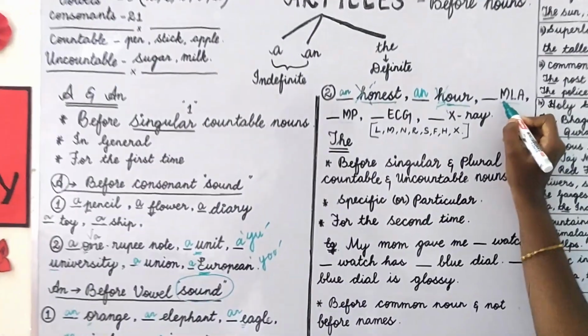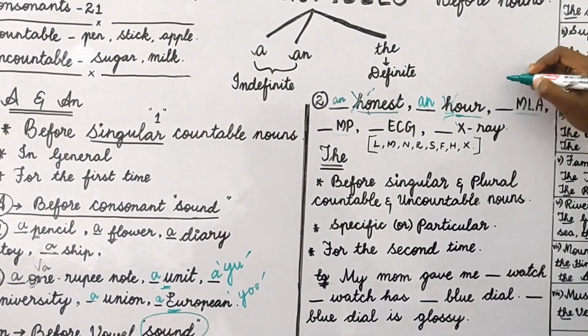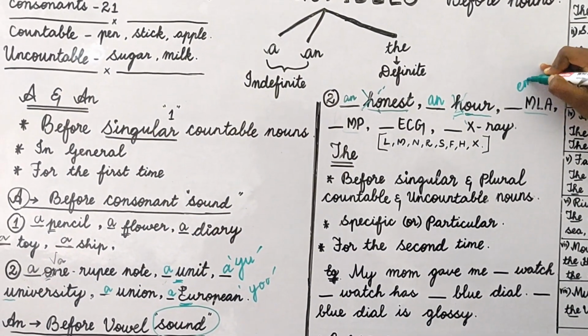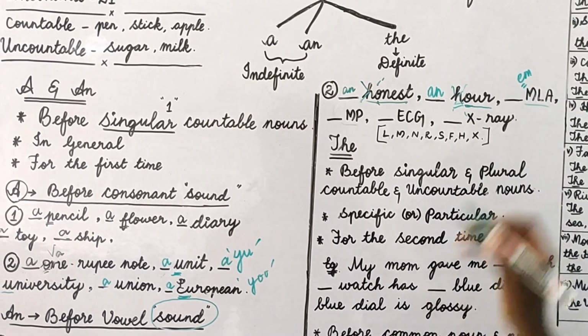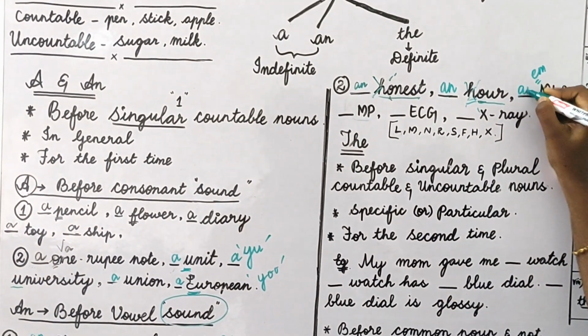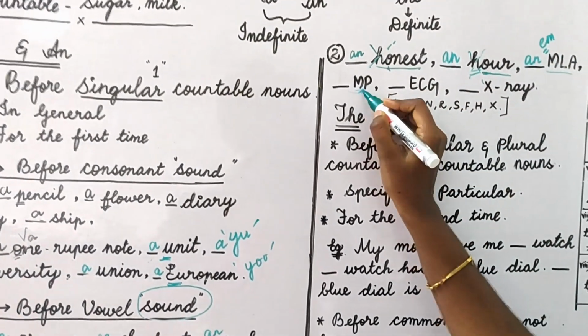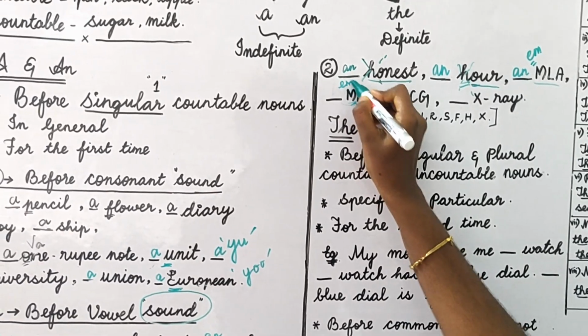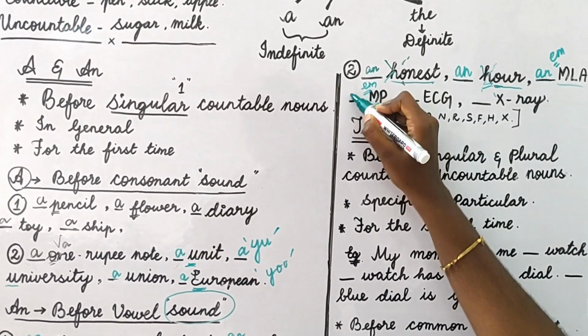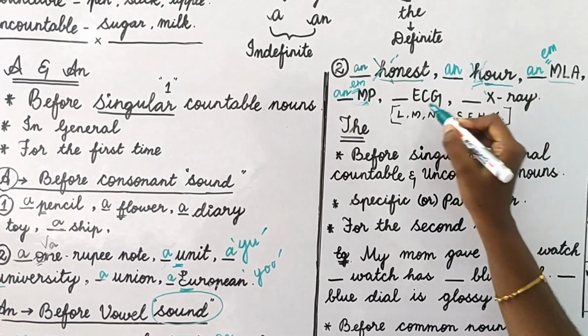How? See, an M-L-A. "Em" sound. So it's an M-L-A. Similarly, an M-P.